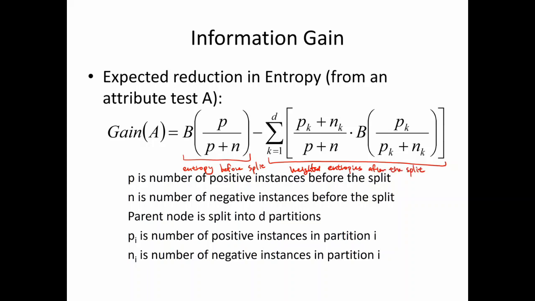So basically, information gain captures how entropy changes after you split the group of examples using some attribute A. If the information gain is positive, that means splitting by the given attribute reduces entropy overall.